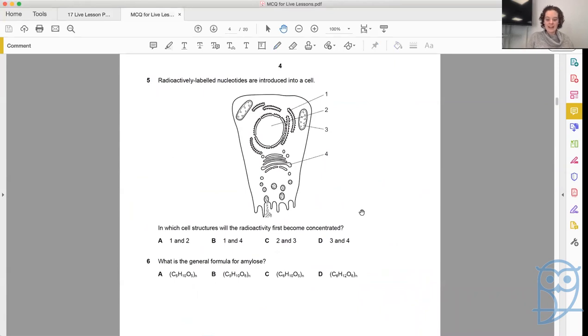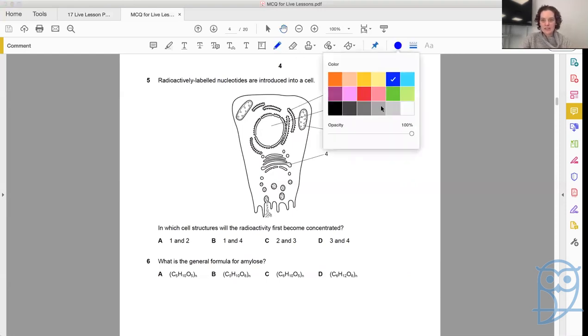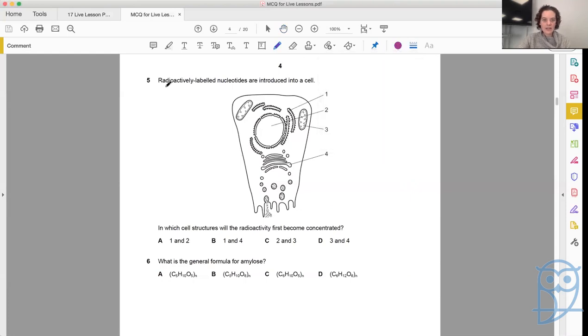So we have a diagram of a cell, and we should recognize quite a few things inside this cell. We have various different things. Let's change color and have some fun. So radioactively labeled nucleotides are introduced into a cell. What have we got here?